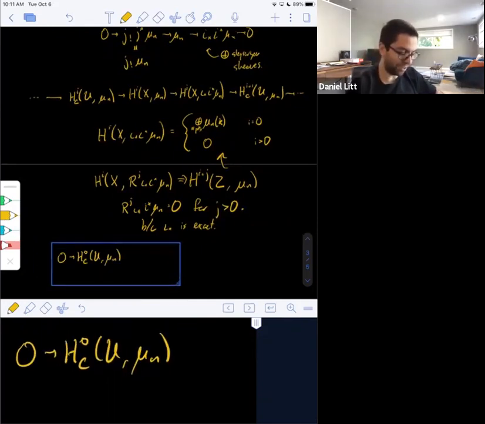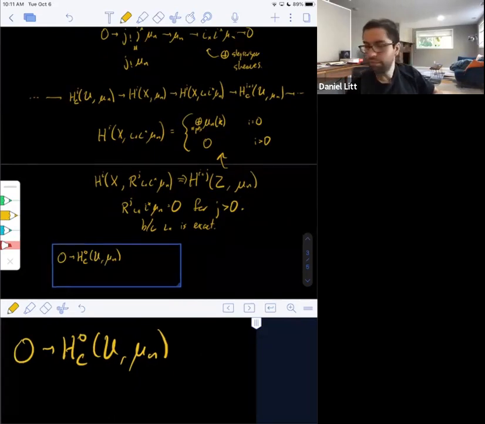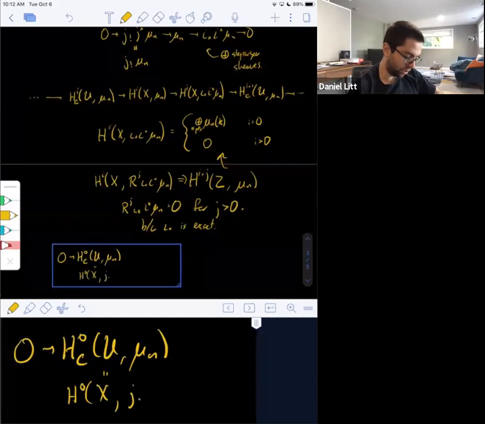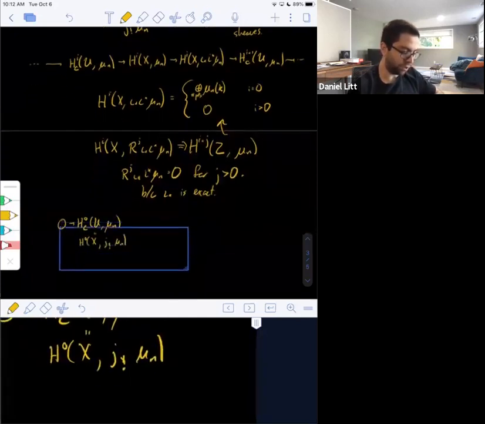So what is this in this setting? What if U is actually an honest open subset of X? So what is this? Let me remind you, this is H^0 of X with coefficients in j lower shriek of mu n. And so if U is not equal to X, we can just evaluate this from the definition.